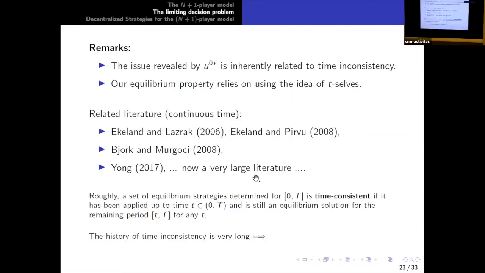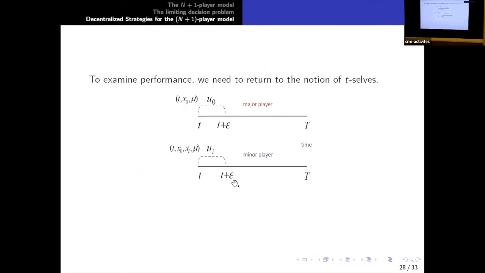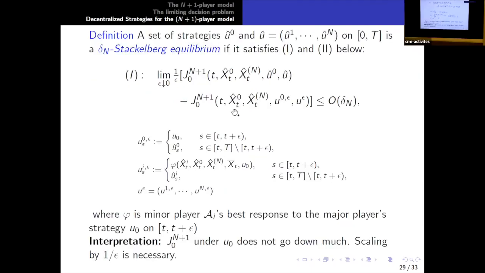Essentially, you can view this as a one-shot game, because in the final assessment of the strategies, when we do the perturbation, we take an alternative strategy in this form. For the deviation, it's restricted to this short period. So somehow it looks like a static game for one shot.